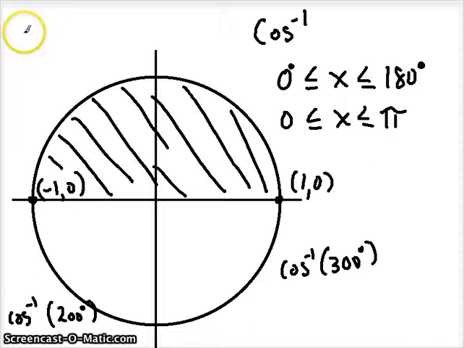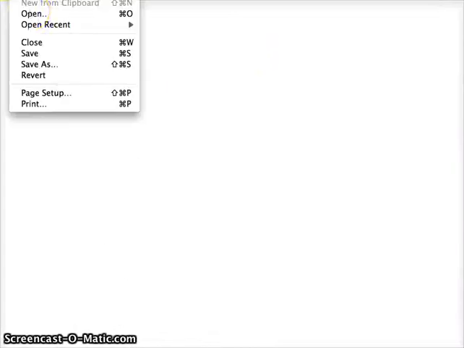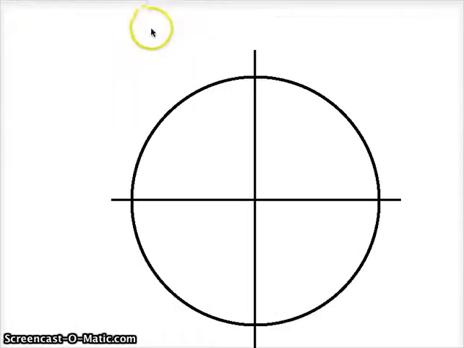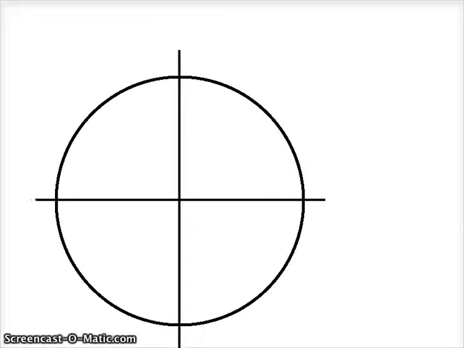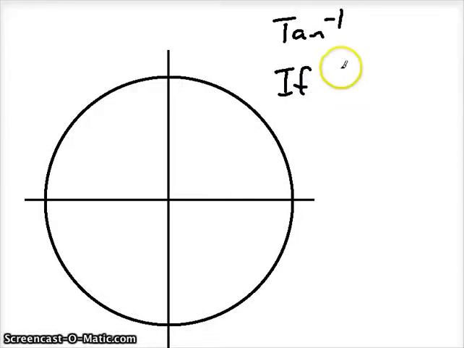Alright, let's talk about tangent. Inverse tan looks like that. And this is a little bit different because tangent is a ratio comparing the vertical to the horizontal lengths.